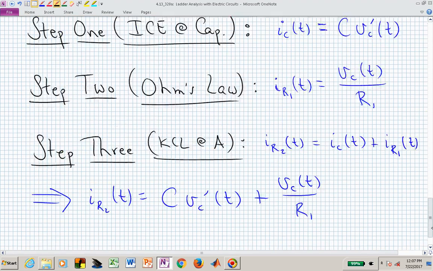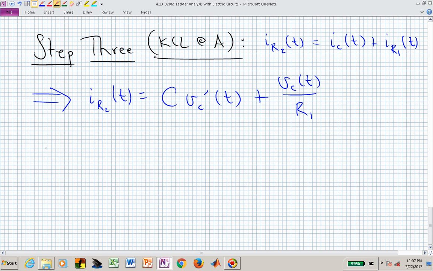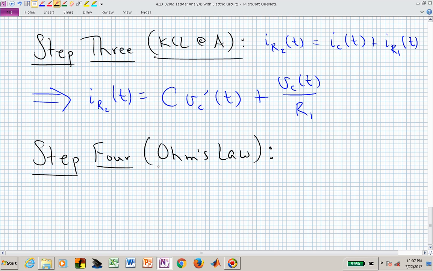So step 4, in this process of working our way from right to left, is another application of Ohm's law. And if we didn't have a resistor, we might have to implement ICE or ELI. But here we can say that V sub R sub 2 of t is simply R sub 2 times I sub R sub 2 of t.